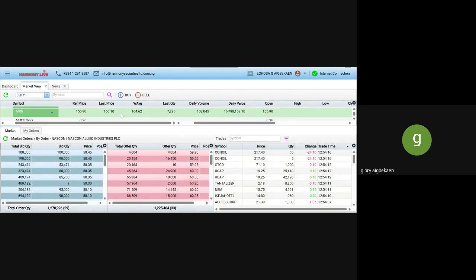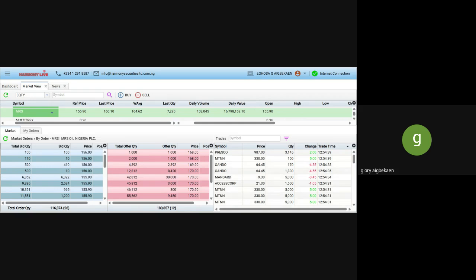I think it got to around 172 naira. But from that place, it went down to around 140, 141, 139. But today, I think it's trading now at 160. It's beginning to regain the lost ground.